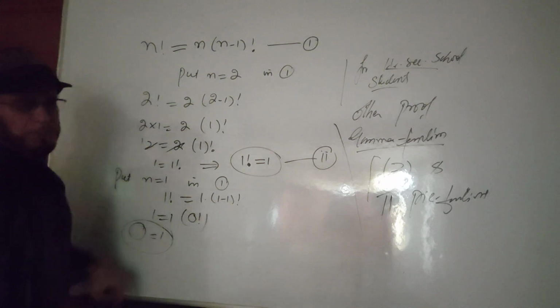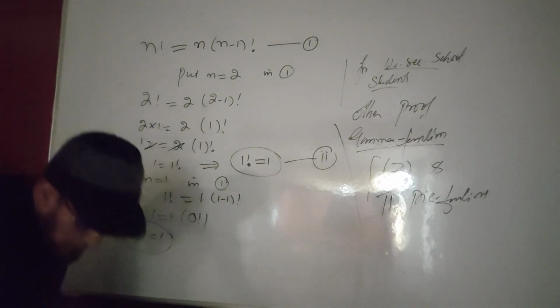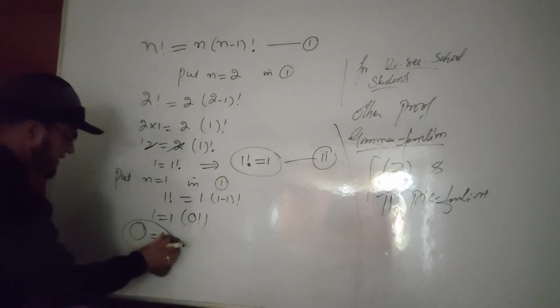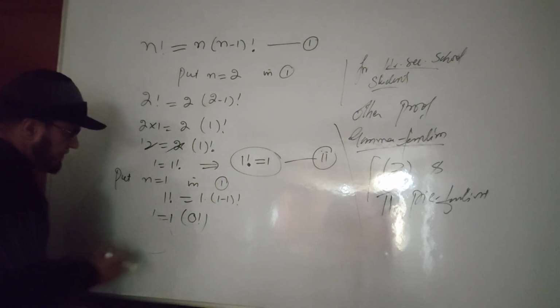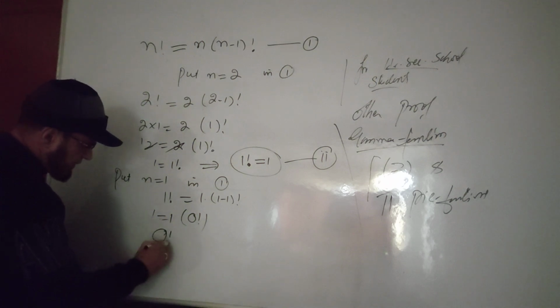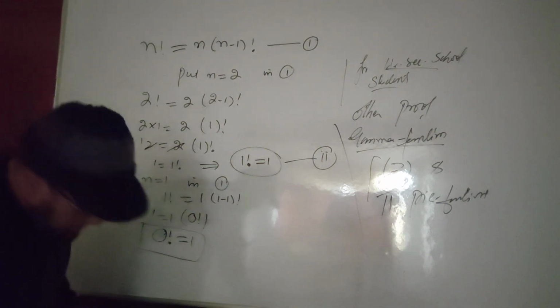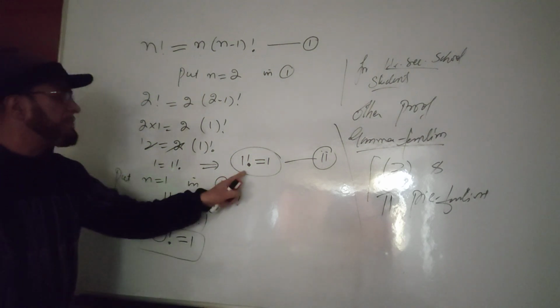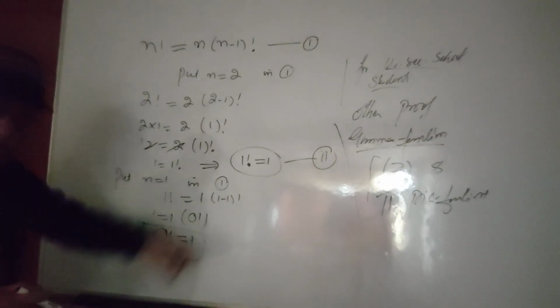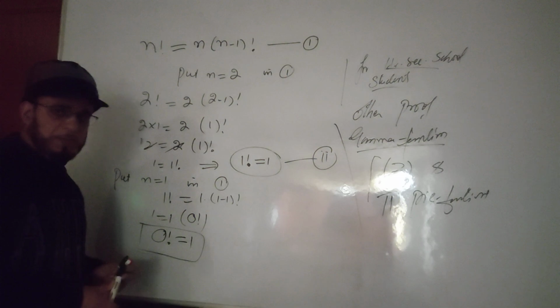So this is the proof of how 0 factorial is 1. 0 factorial is equal to 1. We have proved that 0 factorial is 1 using the value 1 factorial is 1, and we have also derived how 1 factorial is 1.